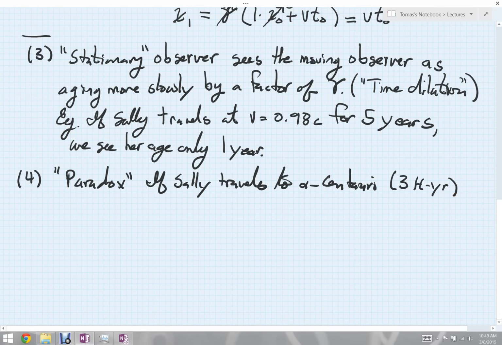So if she travels to Alpha Centauri, we can figure out pretty quickly how long this is going to take her. She's traveling almost exactly the speed of light, and Alpha Centauri is 3 light years away, so we see her take 3 years to travel.